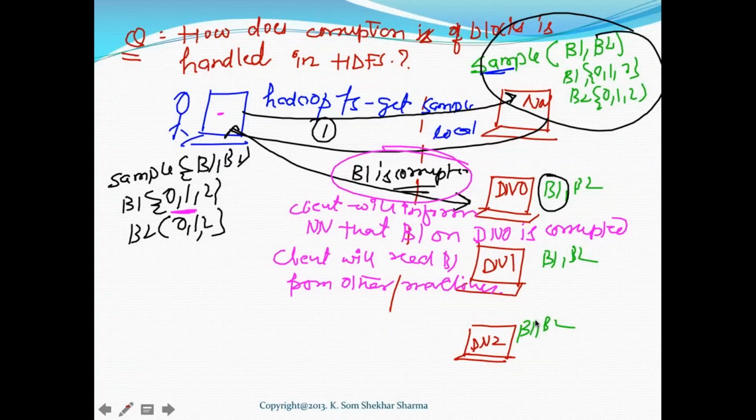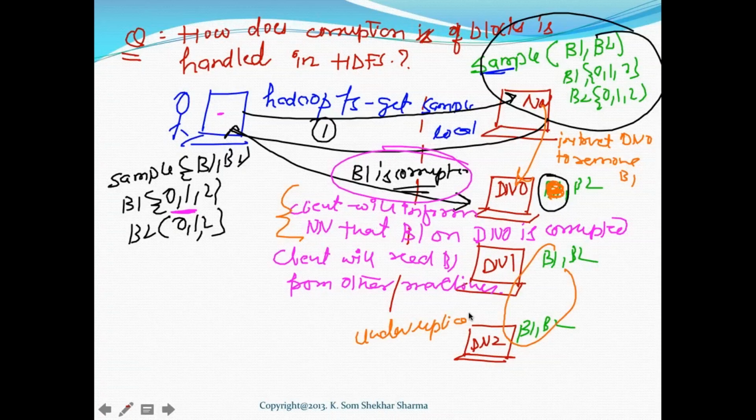But as soon as the name node receives this information from the client that the B1 block of data is corrupted, the name node will instruct this data node 0 to remove block B1.